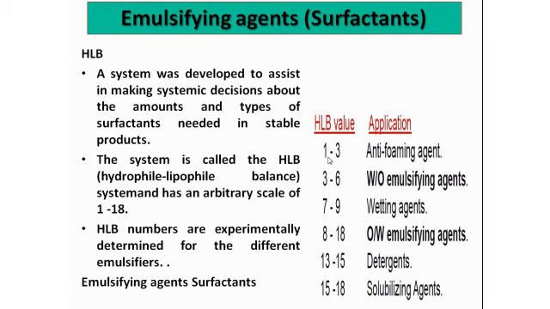HLB value 1 to 3 can be used as an anti-foaming agent. For HLB value 3 to 6, the lower the HLB value, the more it prefers water in oil type of emulsification. The higher the value, the more it will do oil in water type of emulsion. Clear?